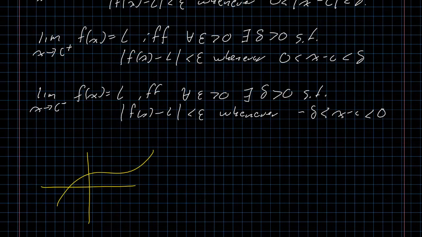And all right, here is our limit point. When we are looking at the limit from the right, we are saying take a delta, but only take it on that side. When we're taking the limit on the left, we're saying take delta only on this side and look for that window.